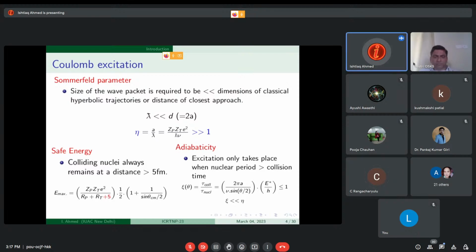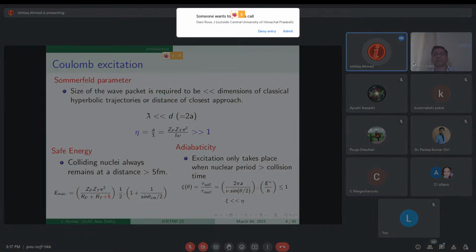Yes, so that is basically already included in this 5 femtometers. So this 5 femtometers is not just random. No, I'm not talking about that. After getting the output, how can you make out that it is purely Coulomb excitation? Exactly, that's my question. Yes, I understood your question, how sure we are that this is a pure electromagnetic interaction. So we are only looking at the safe energy.